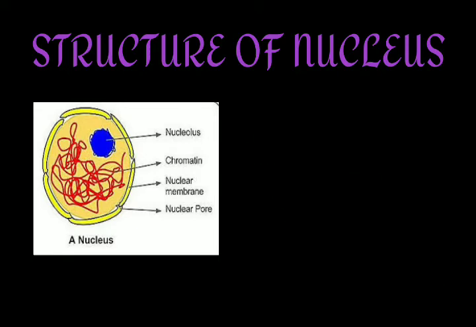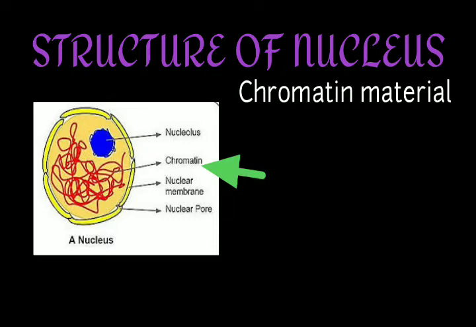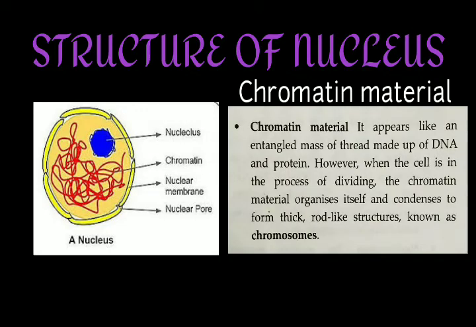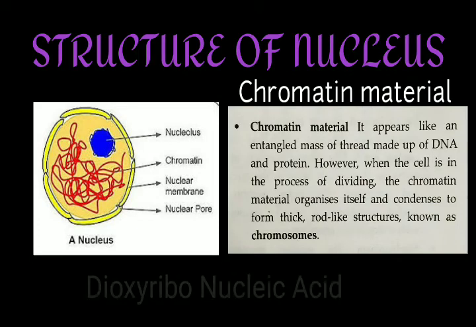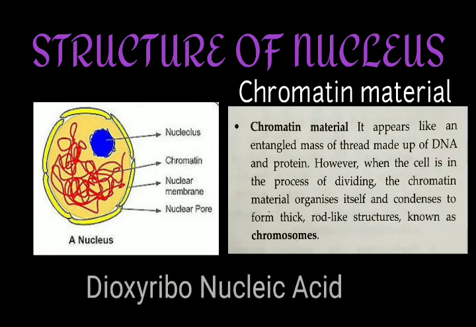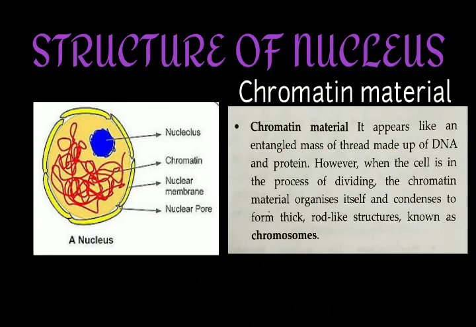Next, the last part of the nucleus and the most important part of the nucleus, that is chromatin material. What is chromatin material? It's a thread-like structure. And what is this thread made up of? A substance named DNA, deoxyribonucleic acid, and proteins.